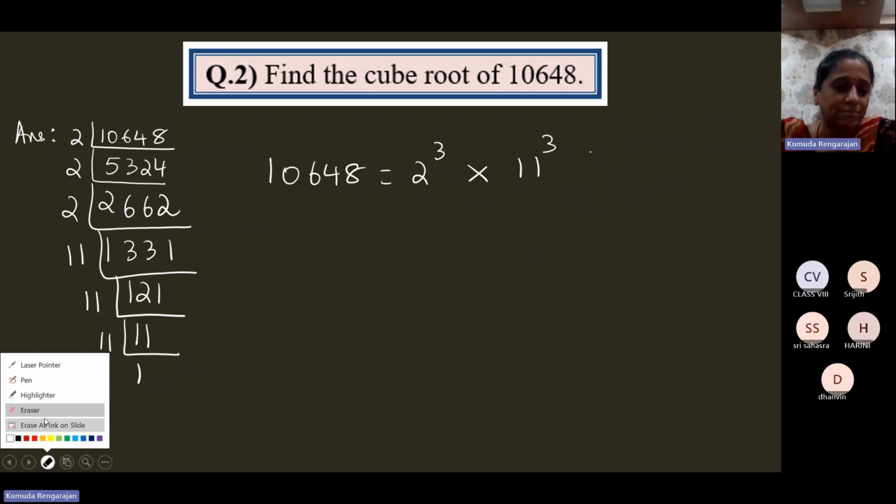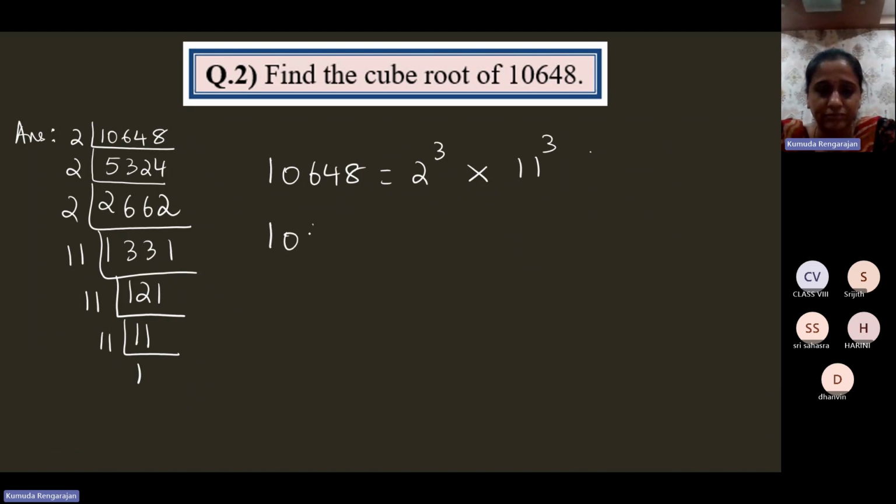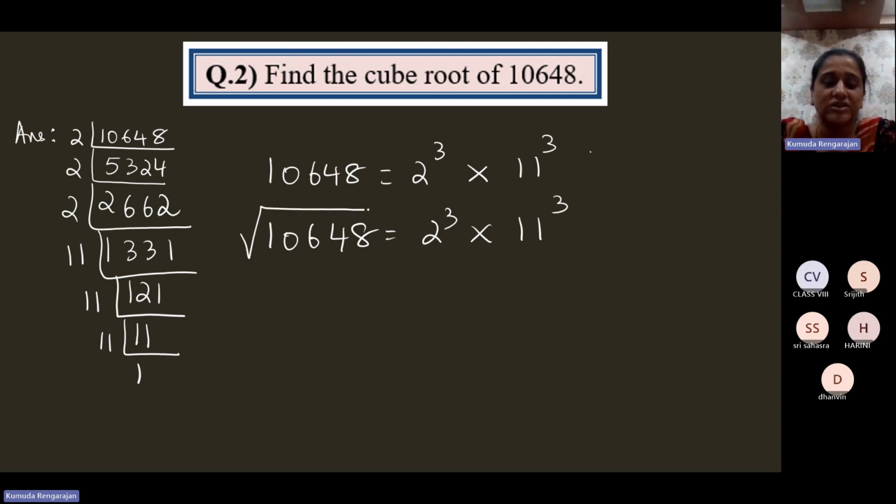Now repeat the step and take a cube root on both the sides. Now check your book if you have forgotten to write this 3 here. Normally we forget to write. If you don't write this 3, that is square root. Take cube root on both the sides, so you should write this 3 here. And some of us carelessly will write 3 outside.